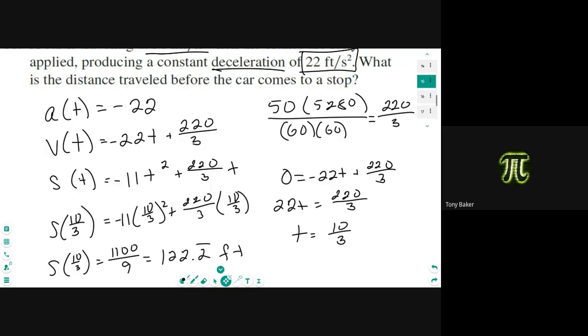When you got the 73.3 feet, you took that and figured out how many times that would go into that. If you divide that by 22, you'd gotten 3.3.